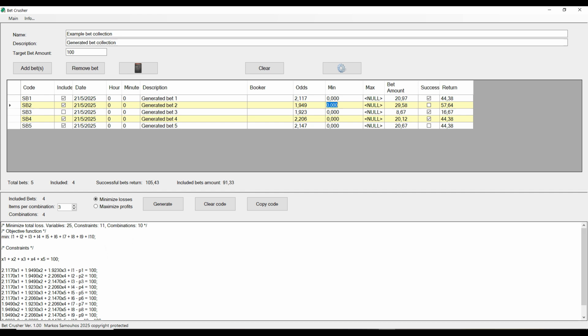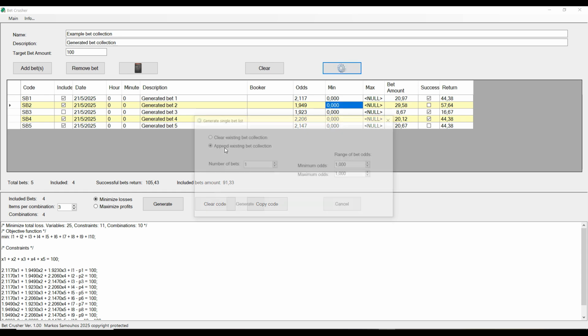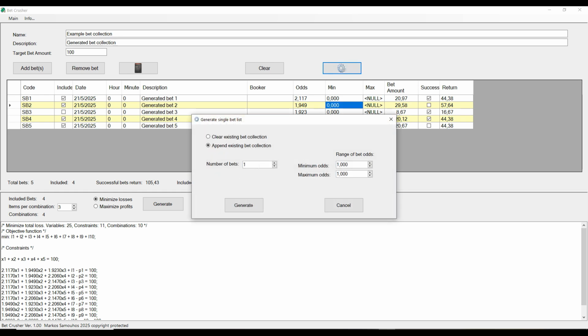I don't have anything else to show you. Let's generate 10 bets and see what happens. Number of bets is equal to 10. As an example, odds between 1.9 and 2.5. The software accepts odds only in decimal format.